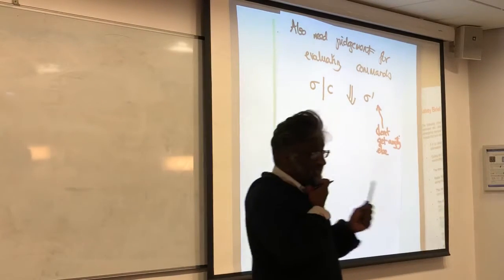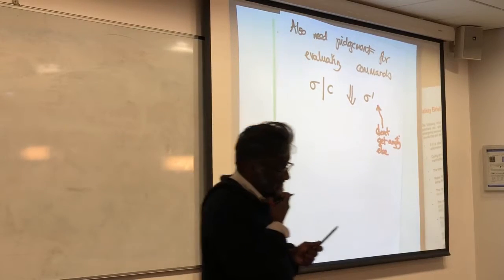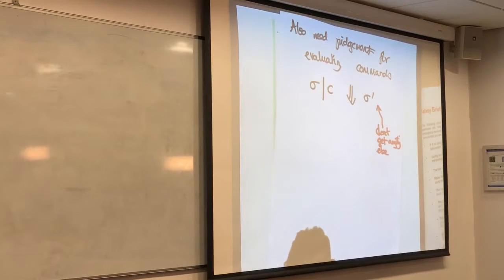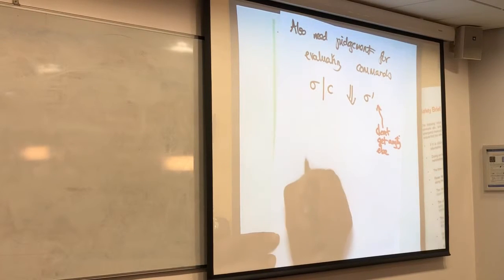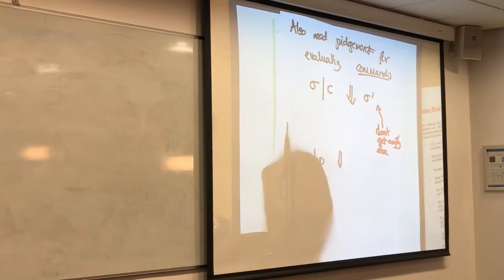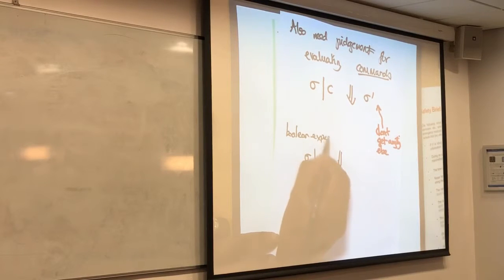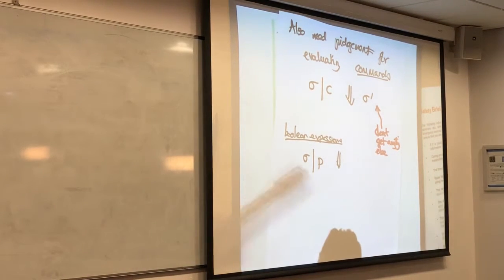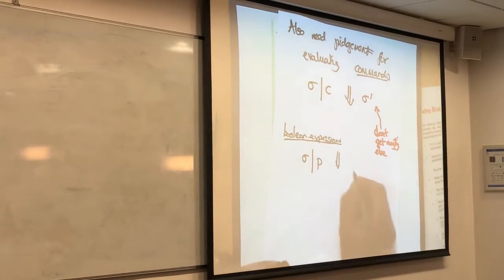Okay, but there's other things in the grammar, wasn't there? There's Boolean expressions. So this is commands. This is Boolean expressions. If in a memory we evaluate a Boolean expression, what are we going to get?